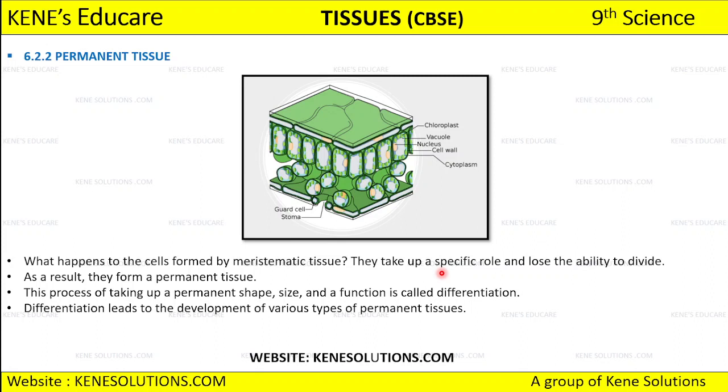They form a permanent tissue, and this process of taking up a permanent shape and size as well as a function, we call this process as differentiation. And once we have this differentiation, it is going to lead to development of various types of permanent tissue, and this is how various different kinds of permanent tissues they develop.